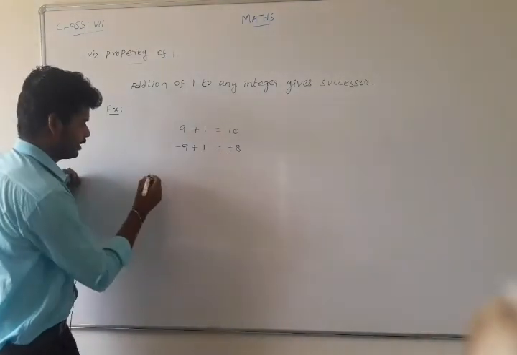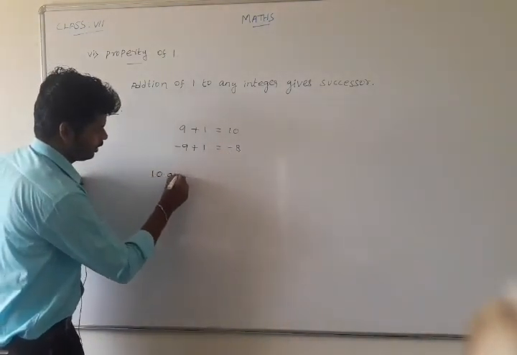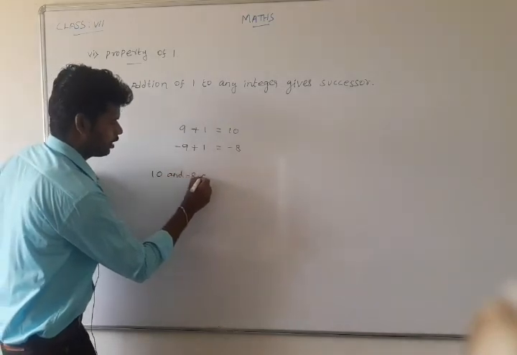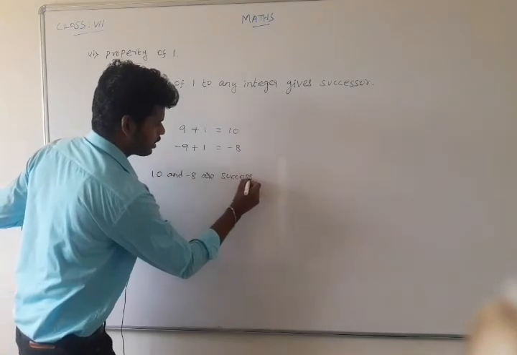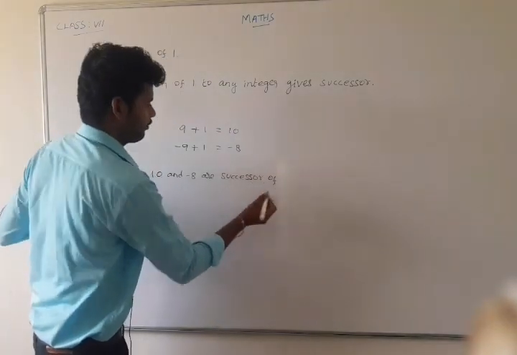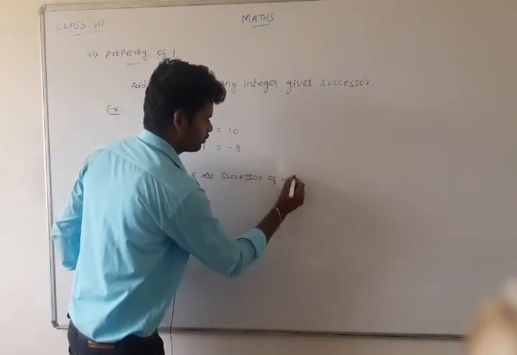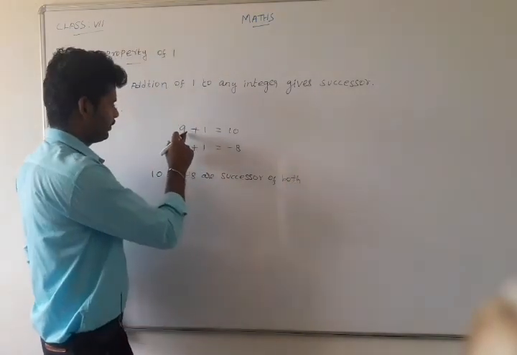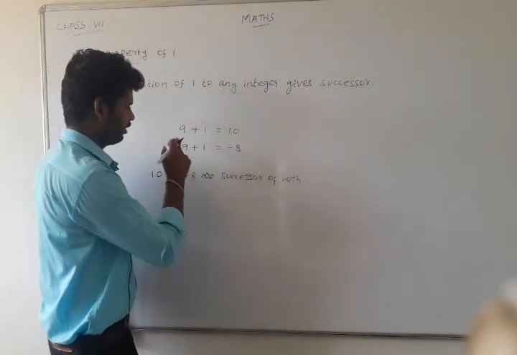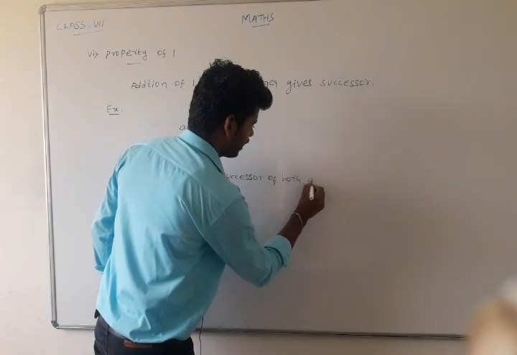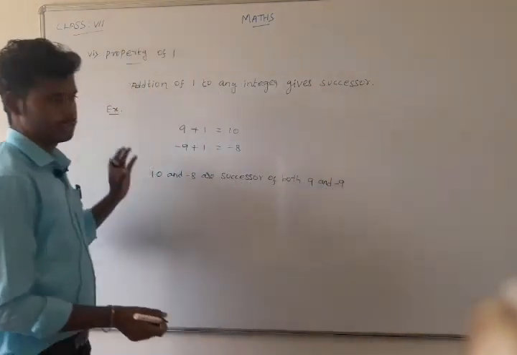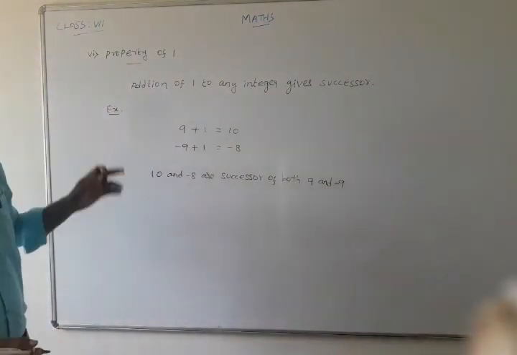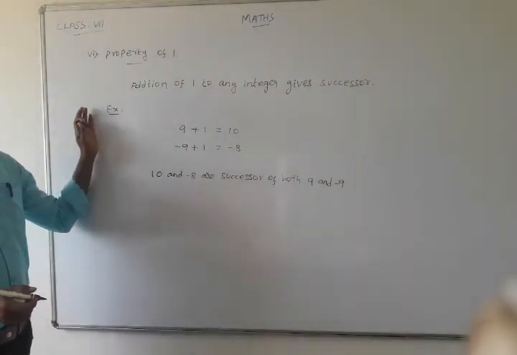Here 10 and minus 8 are successors of both, here plus 9, here minus 9. So 9 and minus 9. This is the property of 1.